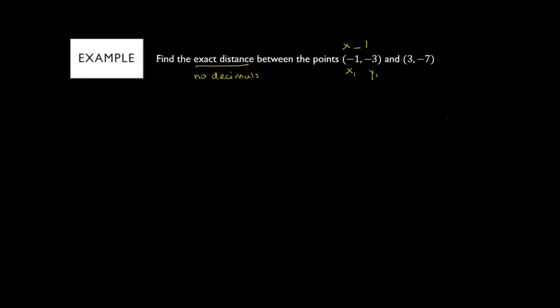So you want to be very careful about that. And then the second point, I'm just going to call x2 and y2. Those subscripts, those numbers that are underneath the letter, we just use as labels. So if you see something under a letter, it's a label. If it's above the letter, then it's an exponent.